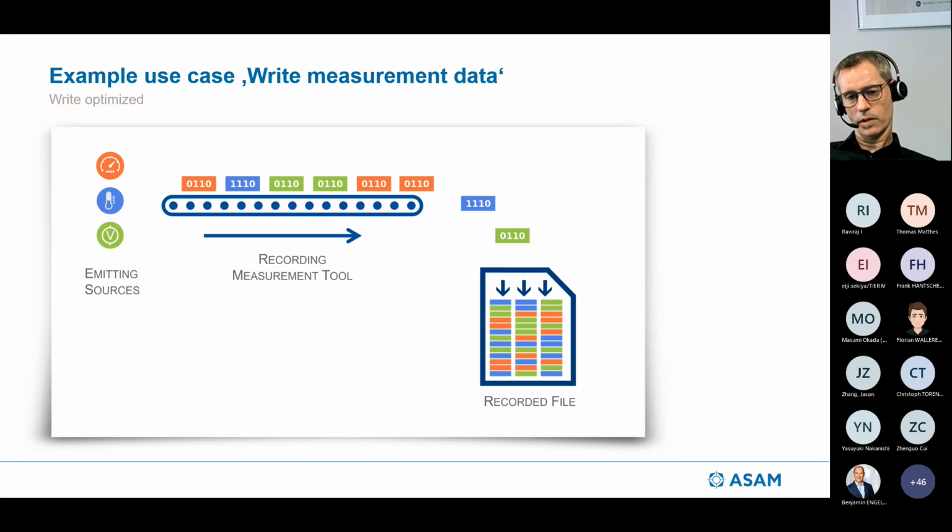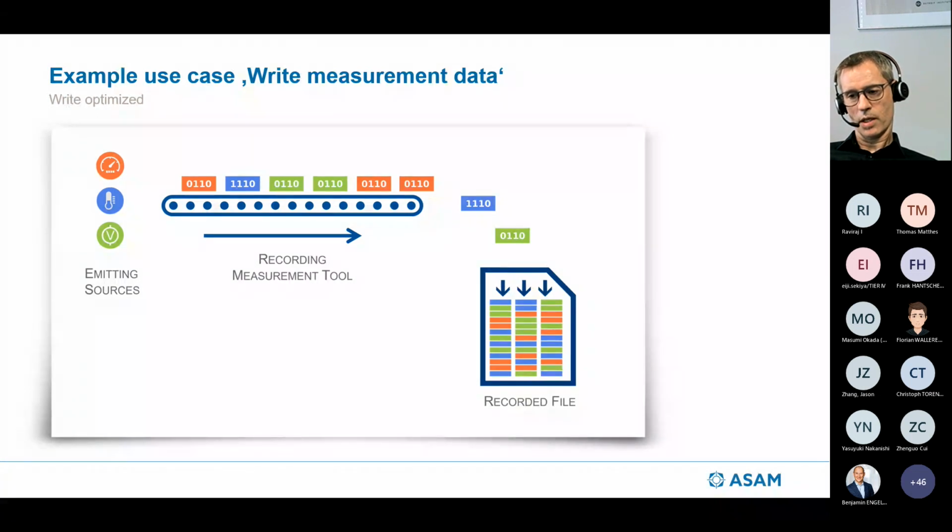This image shows on the left side emitting data sources, and in the middle a measurement tool that just gathers the measurement values of the emitting sources. And on the right side, you're looking at a file that should store any of the measurement values that are emitted by the sources.